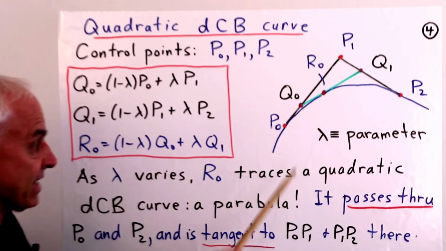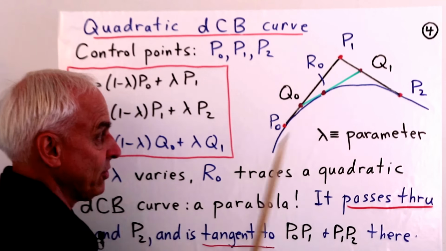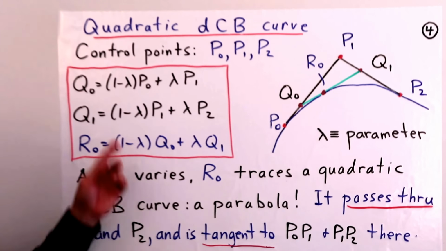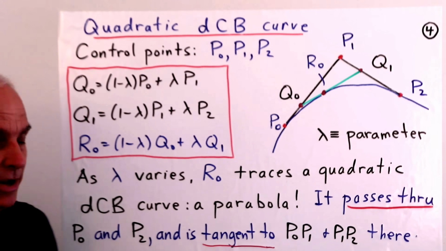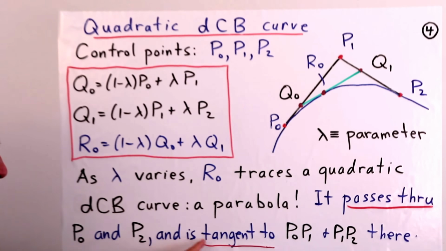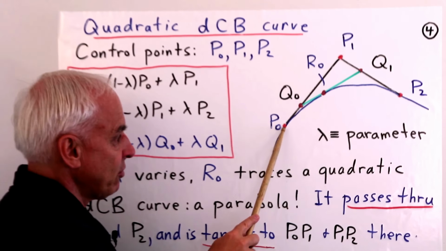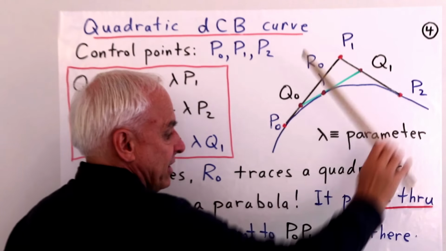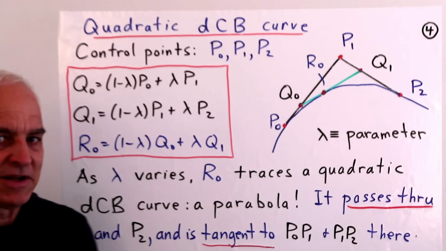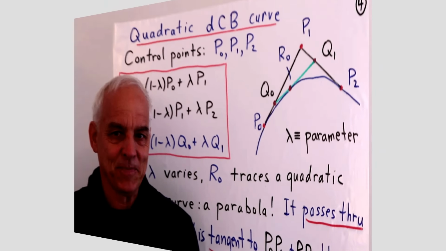And it's a parabola that passes through the point P0 and P2. That's not hard to check. When lambda equals 0, we're here. And when lambda equals 1, we're here. But furthermore, it's tangent at those points to the line P0, P1 and the line P1, P2. That's not entirely obvious, but we'll see that later.